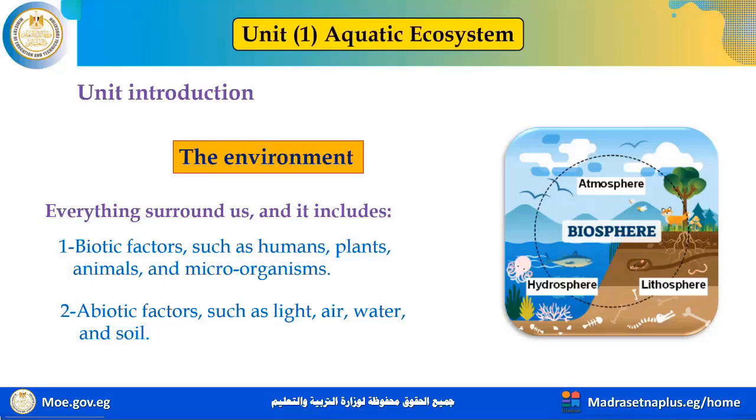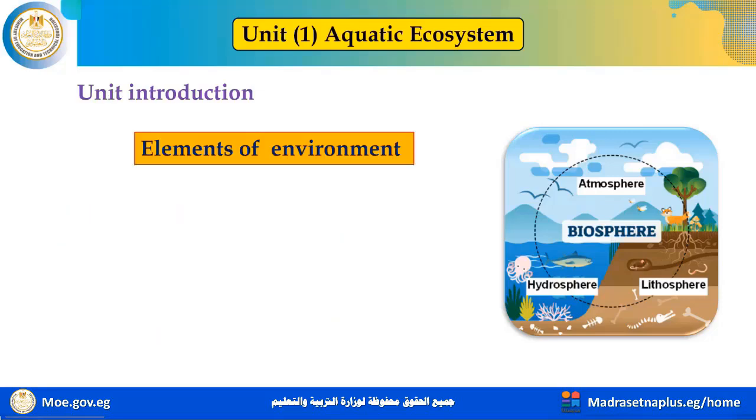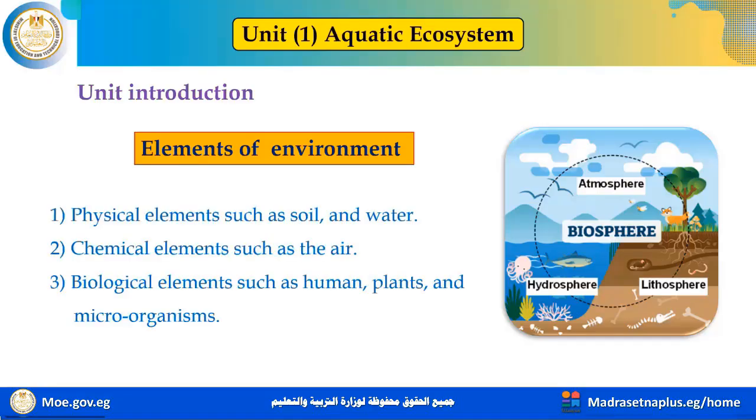And now let's go to another point. Elements of environment. The environment consists of three elements, and they are very, very important. The first one is called the physical element, such as soil and water. Chemical element, such as air.